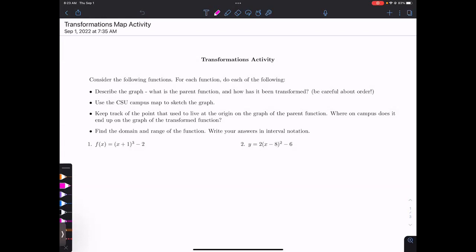Then, we've been talking about picking a graph up and moving it around, keeping track of things visually. So that point that used to be at the origin on the graph of the parent function, see where it ends up on your transformed graph, tell me where that is on campus, and then write down the domain and range of the function.